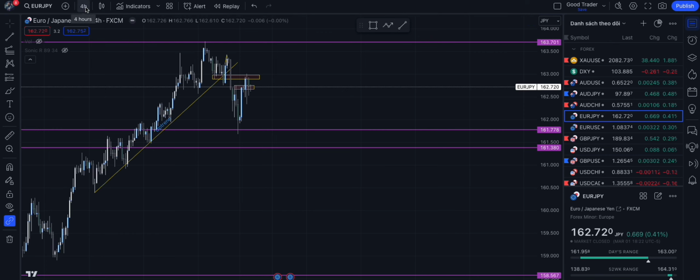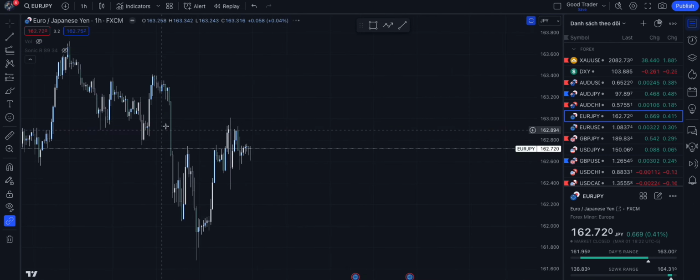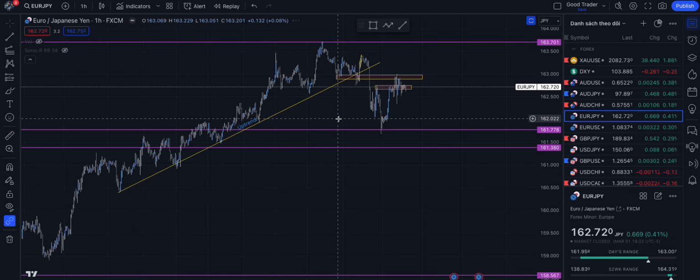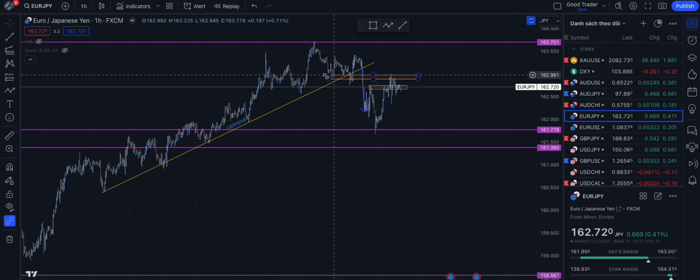And if I go lower time frame, what do we have here? I can see that the trend has been broken. Okay, so it breaks its previous lows over here, and the price had retested the zone, the resistance zone after the break.